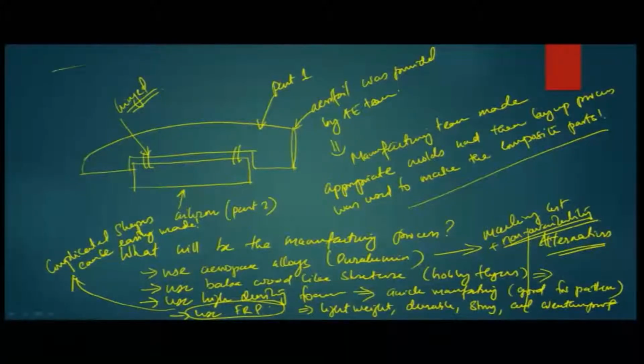During this process different iterations happened. Initially the wingspan was decided at 3 meters, and the first design of the wing was kind of like a straight edge, something like this.